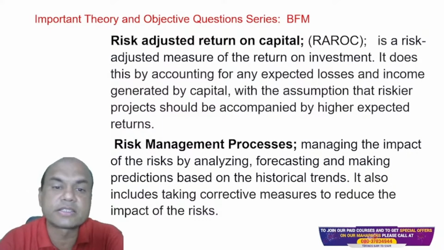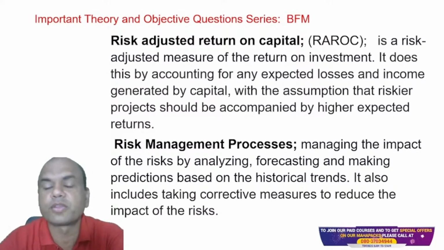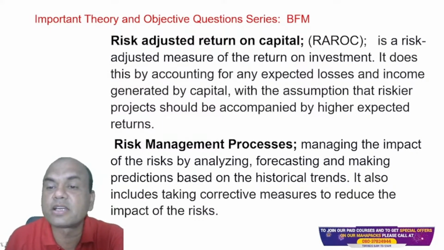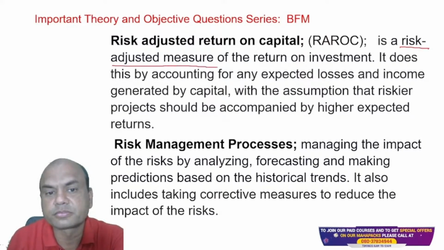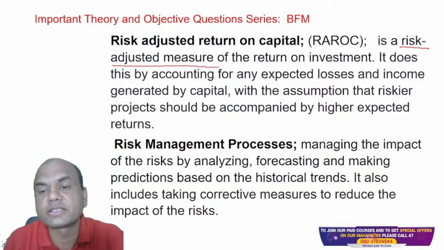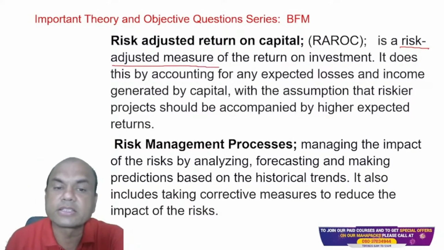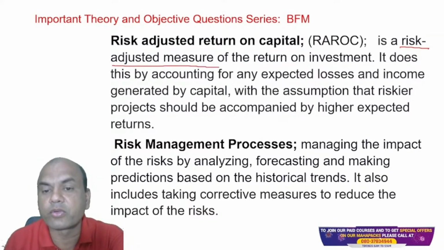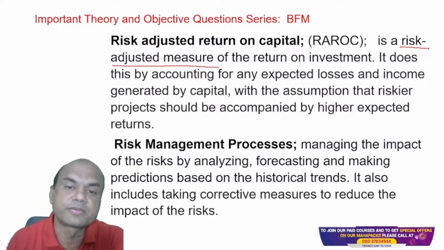It is a risk adjusted measure of return on investment. What do you mean by risk adjusted measure? It does this by accounting for any expected losses and income generated from the capital, with the assumption that the riskier project should be accompanied by higher expected returns.